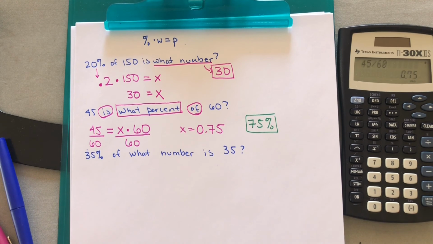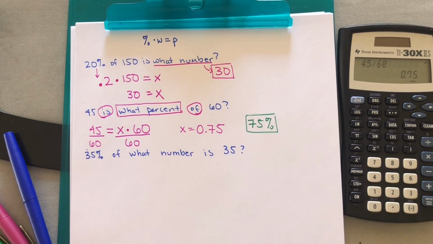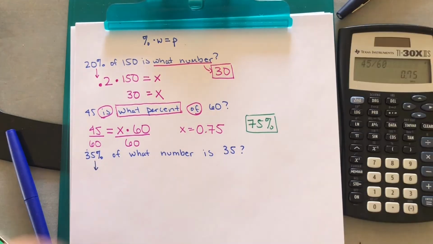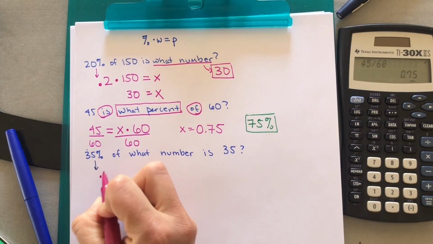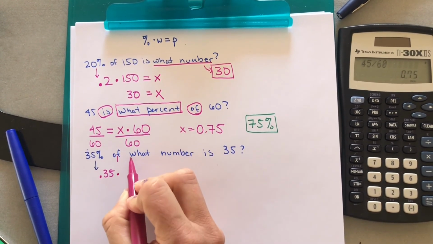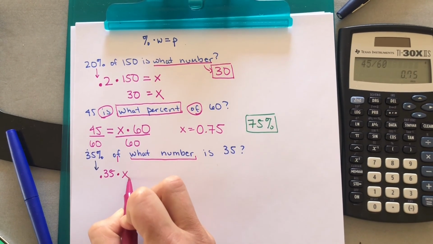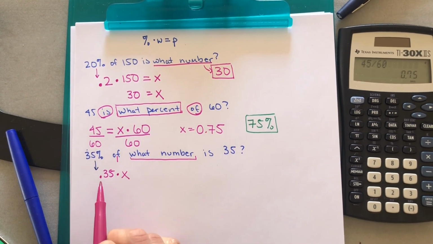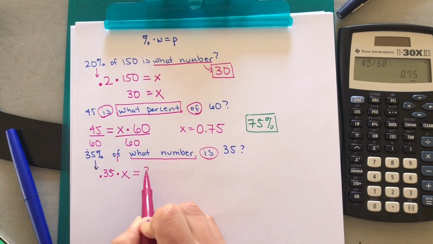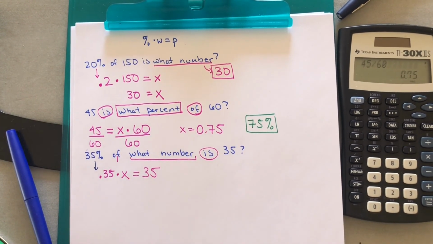And finally, 35% of what number is 35? So 35%, I can write as a decimal, 0.35. Of means multiply, some number, so 35% of some whole equals the part, 35.